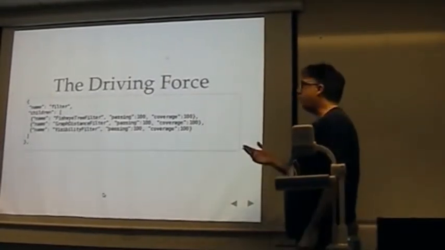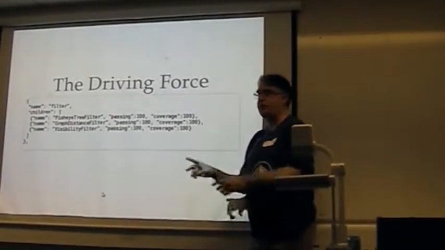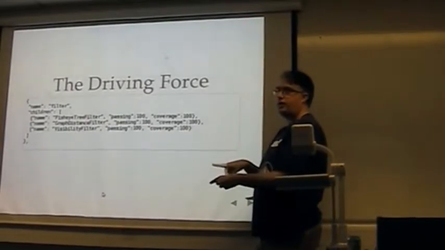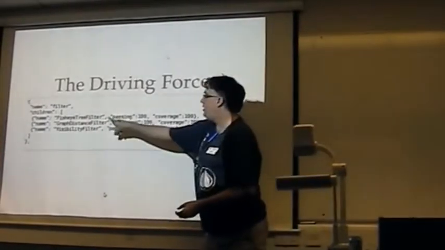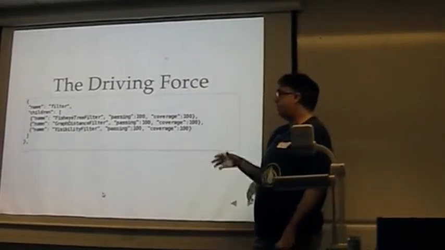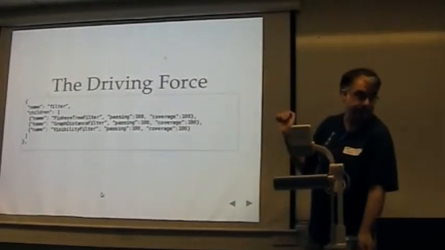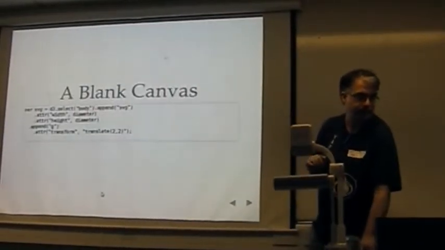The important things to note here are the coverage percent, which is operating on the test file, and the passing percentage, which is the inside ring. That is what we're going to pass directly into D3. Where should we start?